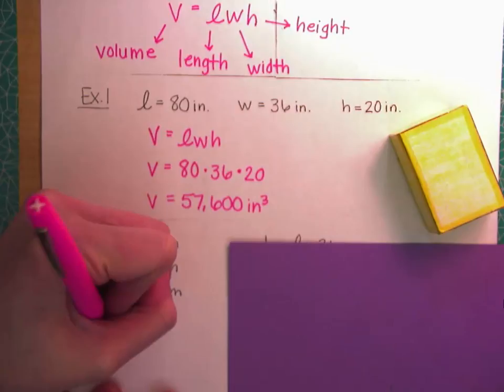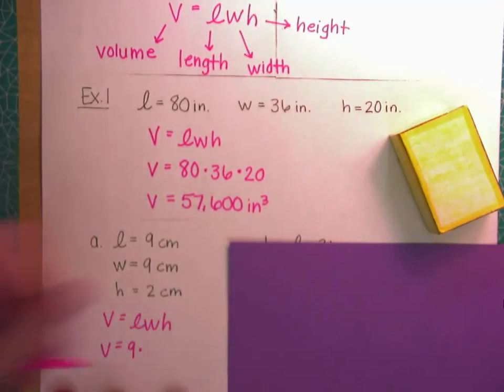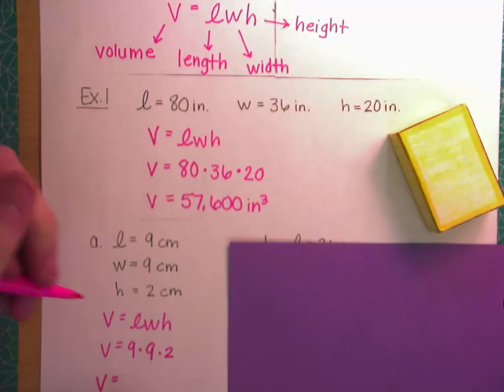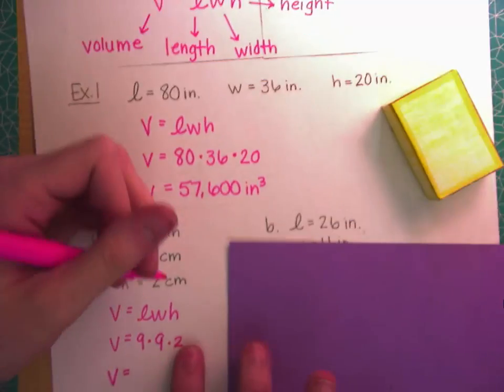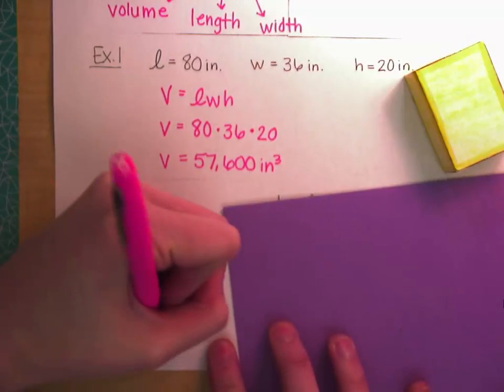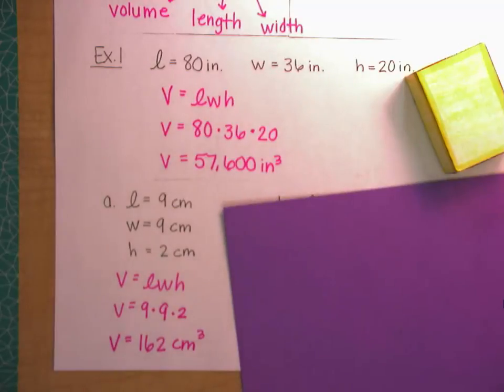So if I plug all that in, I will have 9 times 9 times 2, 162 centimeters cubed. Or, Brennan, the other way you could say it is 162 cubic centimeters. So it's either centimeters cubed or cubic centimeters.